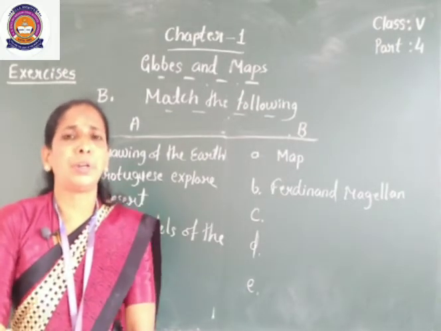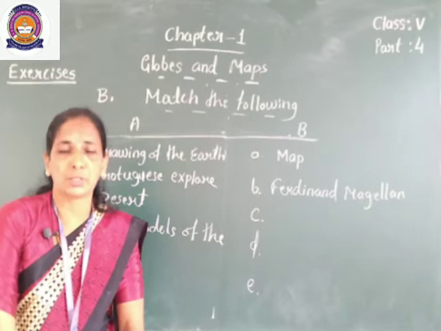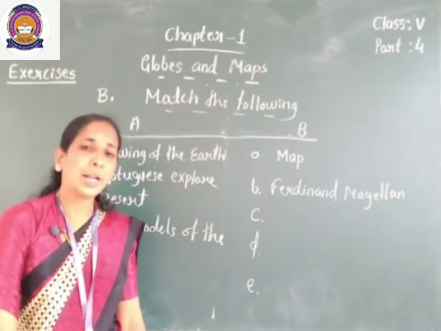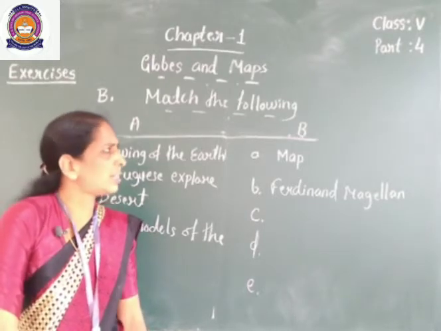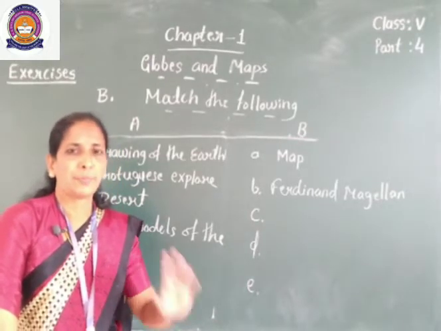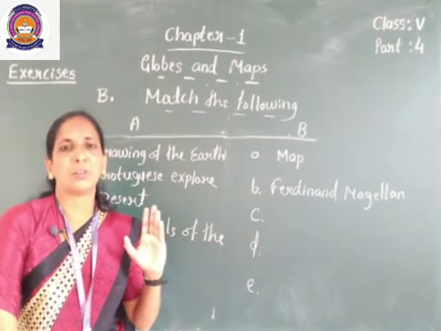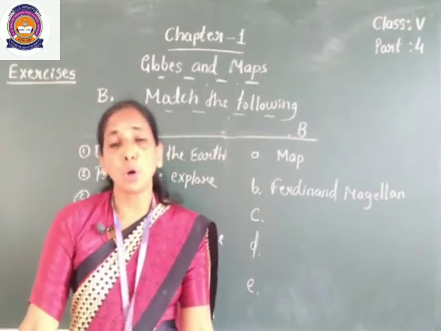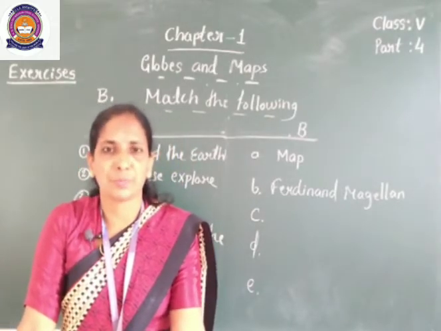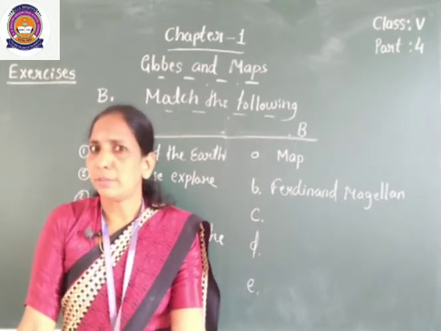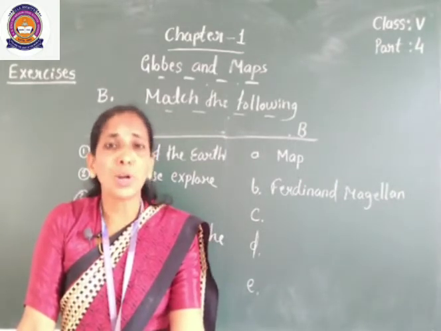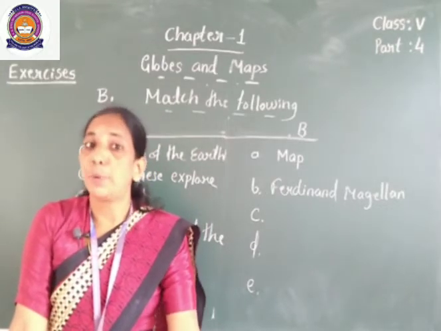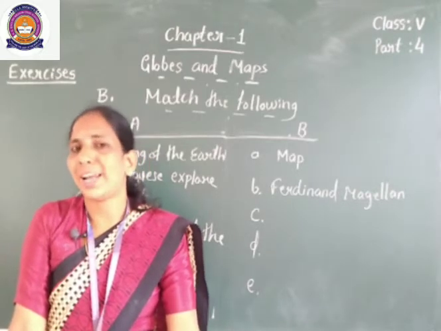So next see here, desert. We have learnt in the previous class about deserts. When we have seen globes and maps, we have seen some colors, yellow, green, blue and brown, mentioned on globes and also in maps. Here we have learned that blue color is the water bodies, and colors like green, brown and yellow are the land masses.